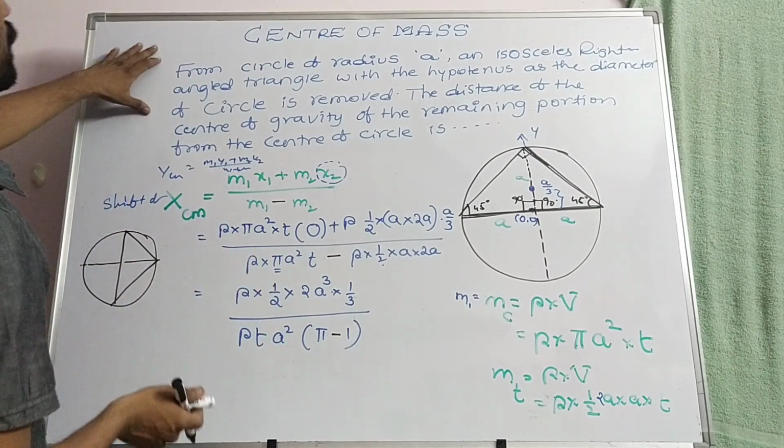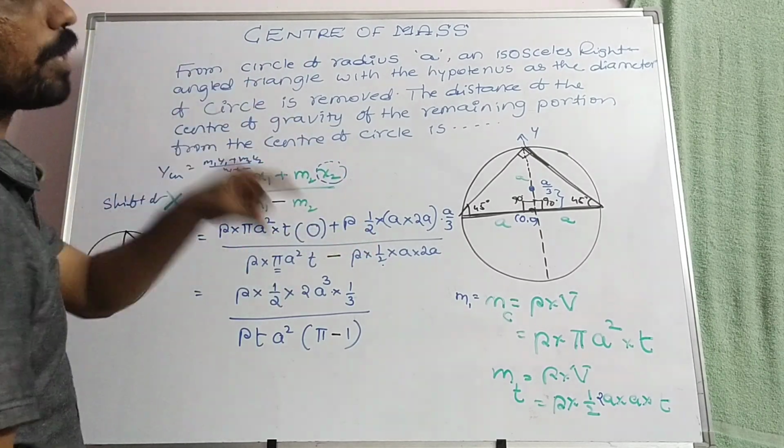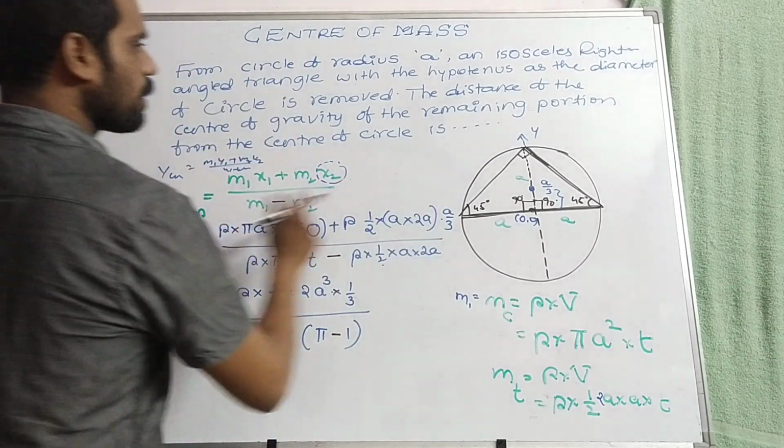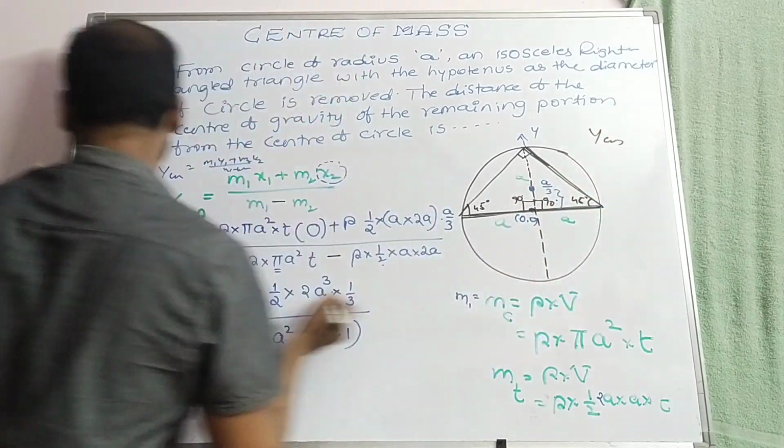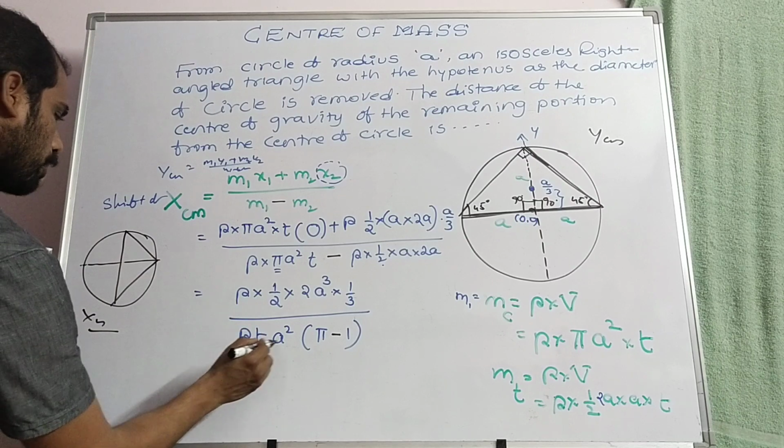Whether it is taken as the y-axis or the x-axis is not mentioned, but with respect to the diagram we write this as ycm or this one as xcm. Now that is equal to rho into t into a square.